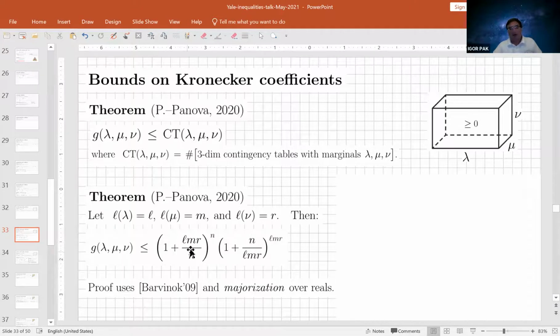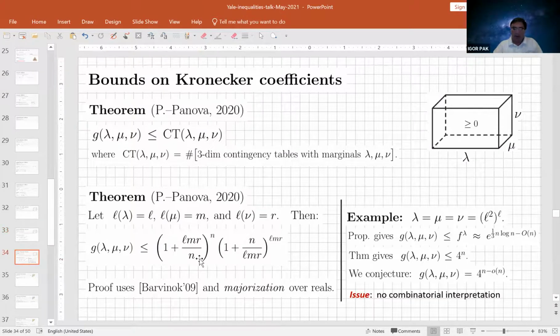But because that upper bound uses only the length, the number of parts in each partition, it's best when the partitions have basically all parts the same, because it doesn't take into account the smaller parts. So if all you know about three partitions is the number of rows in each, then we get an upper bound, which is just this really strange product of powers. And this is a little hard to get your head around.